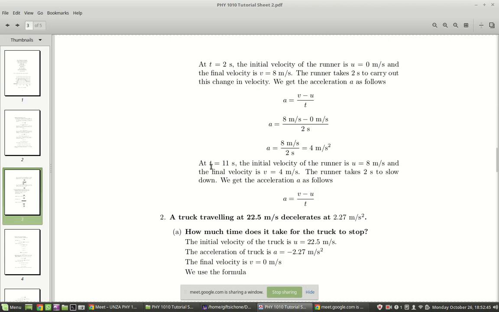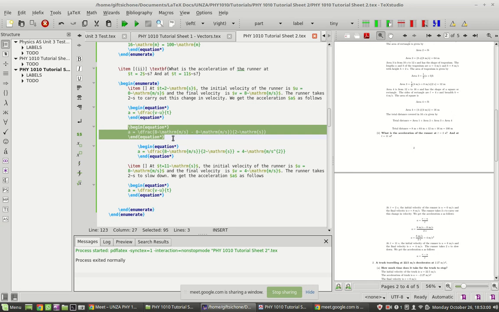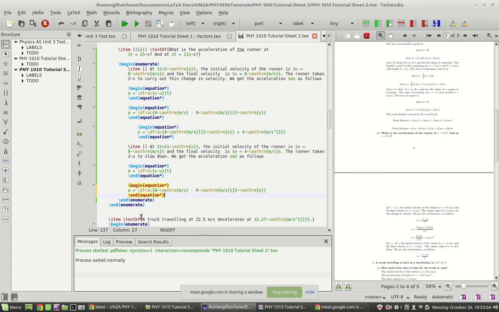Then, at 11 seconds, the initial velocity of the runner is 8 meters per second. The final velocity is 4 meters per second. The runner takes 2 seconds to slow down. We get the acceleration like this. So when we substitute, our final is 4, our initial is 8, and we take 2 seconds.